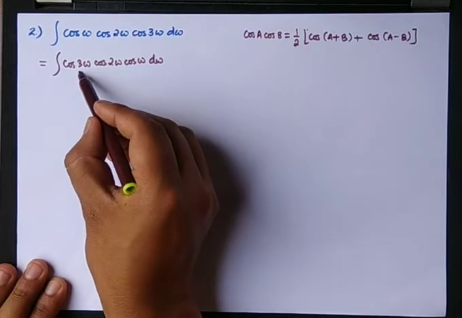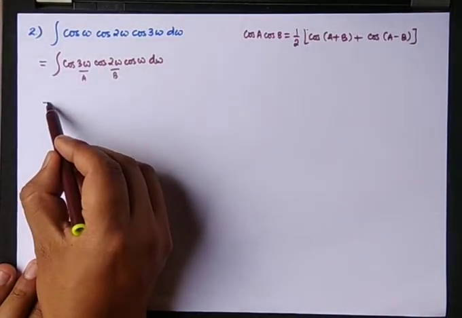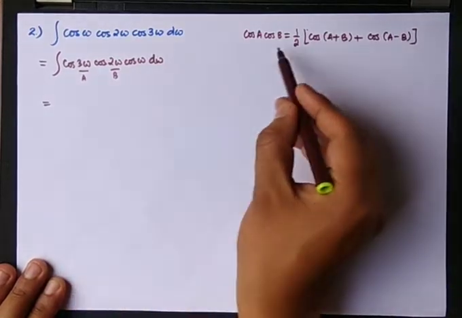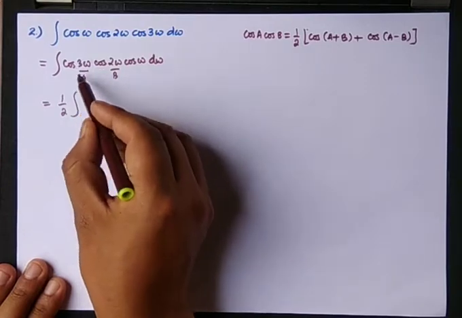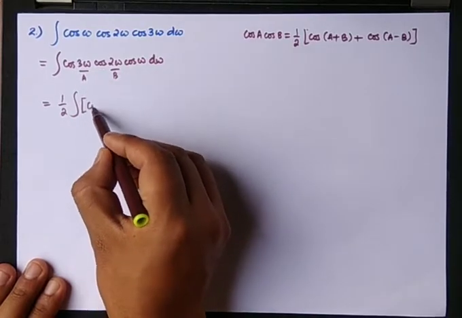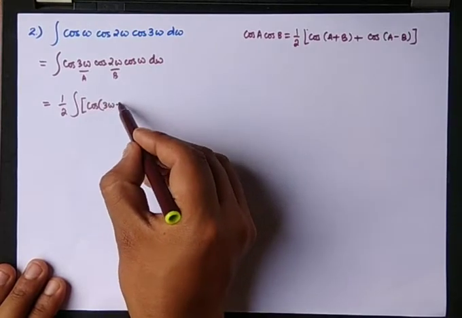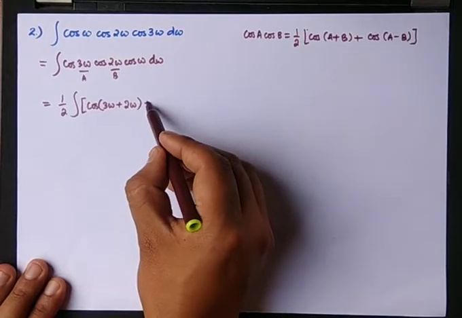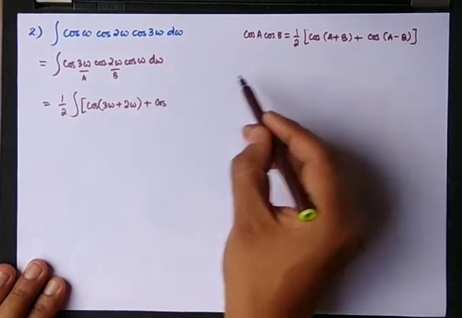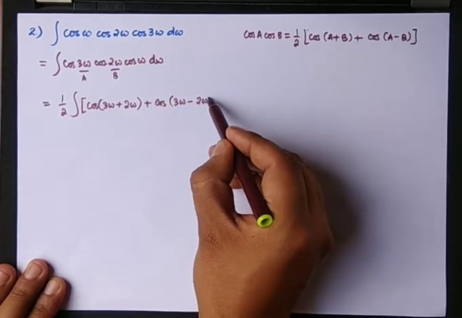Now let me call this to be A and let me call this to be B. Okay, so if I apply this formula, then this half can be kept outside, right? So instead of this, I can write cos A plus B, that is 3 omega plus 2 omega. Okay, we have got plus here, so plus cos A minus B, that is 3 omega minus 2 omega.